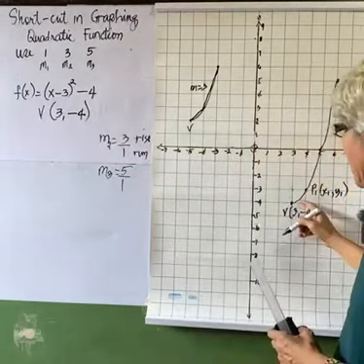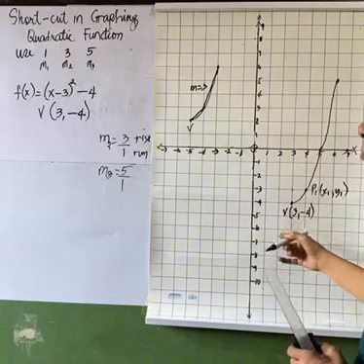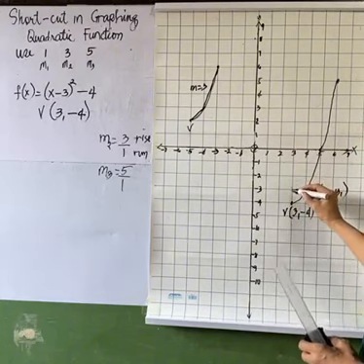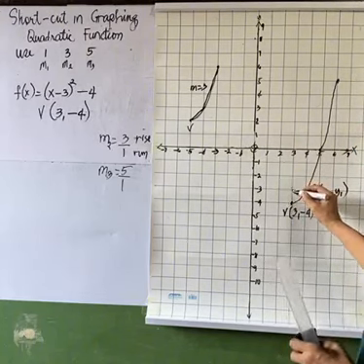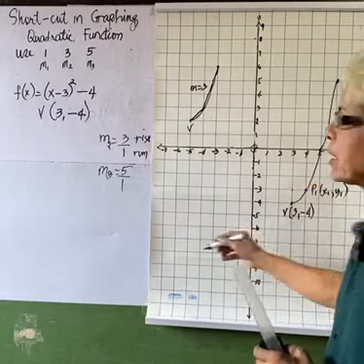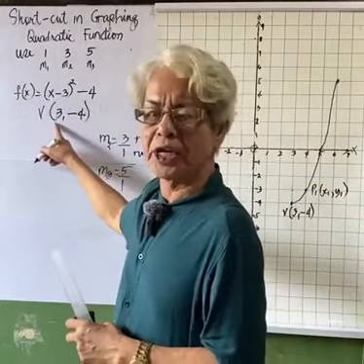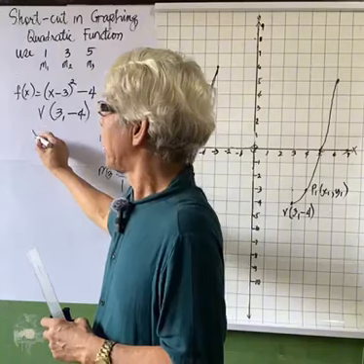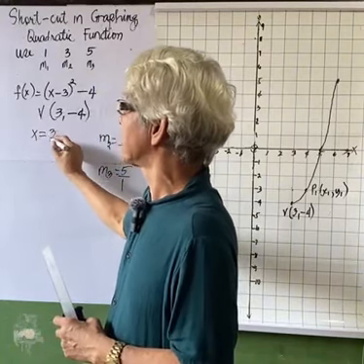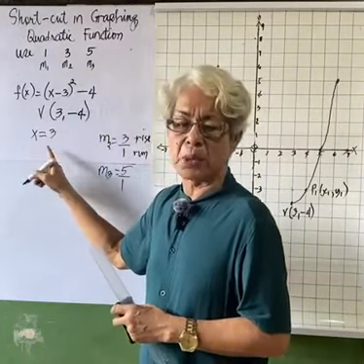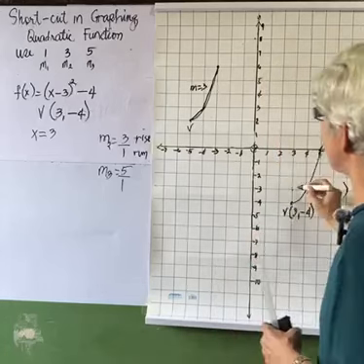After having half of the parabola, you are going to draw the axis of symmetry. If our first coordinate is 3, therefore the axis of symmetry is the line x equals 3. So let us draw that.